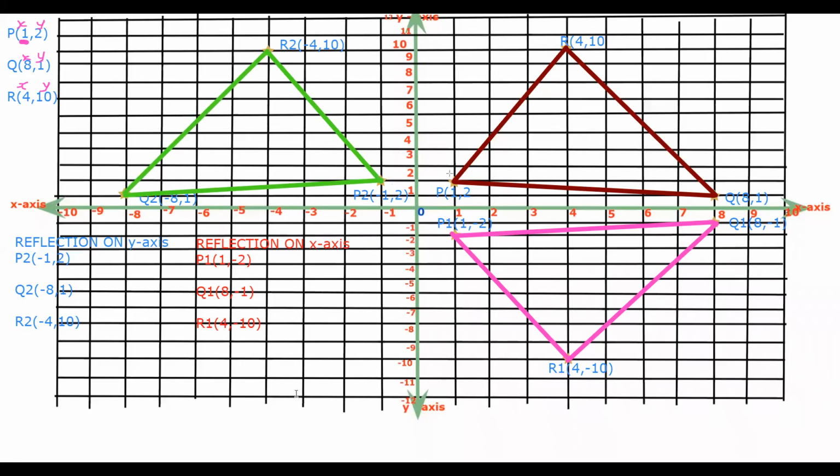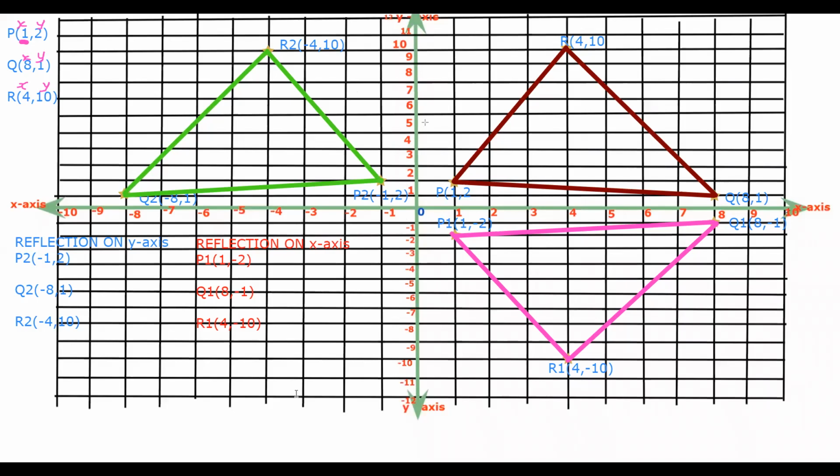Now, like what I said, whenever there's a reflection on y-axis, the y-axis would be the mirror line to reflect the object to this side, and the distance from the object here to the mirror line is the same as the distance from here to the image, okay?